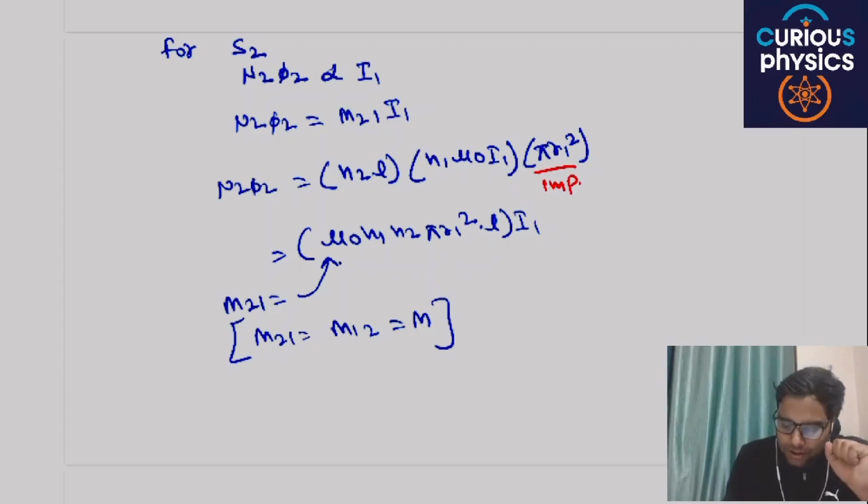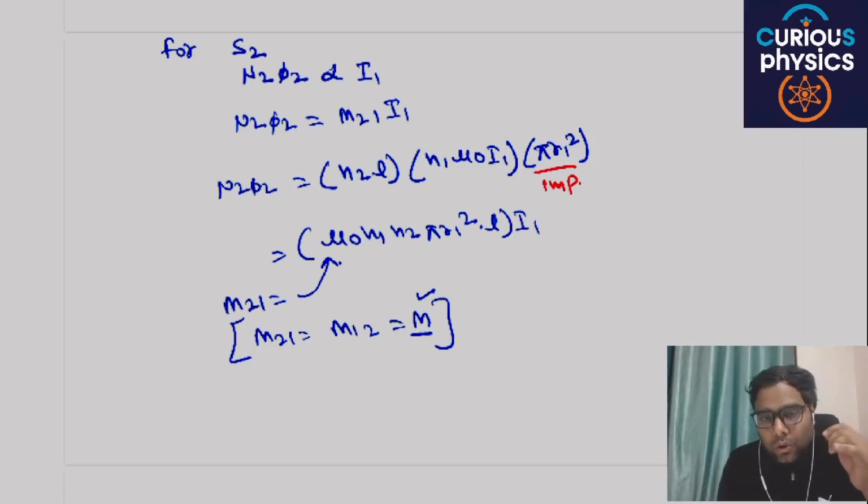You have to just multiply M into I, and you will get the value of magnetic flux. If there are two coils, then you can directly write the value of magnetic flux in coil 1 with respect to coil 2, without having to calculate the magnetic flux each time. Are you able to understand my point or not?